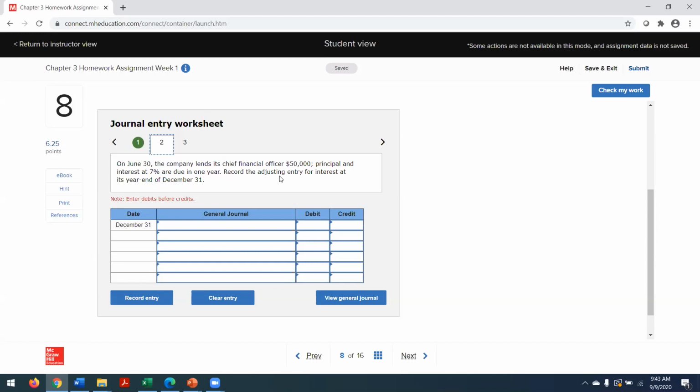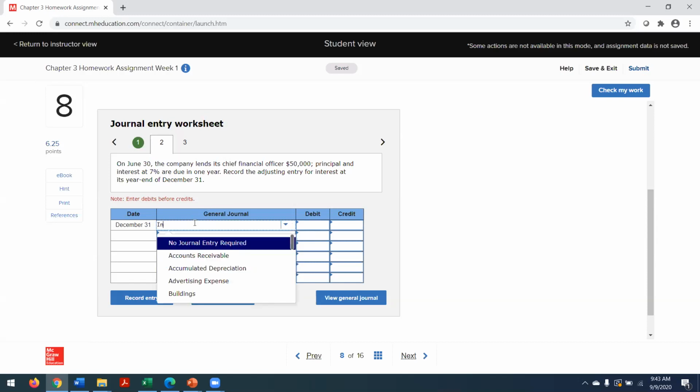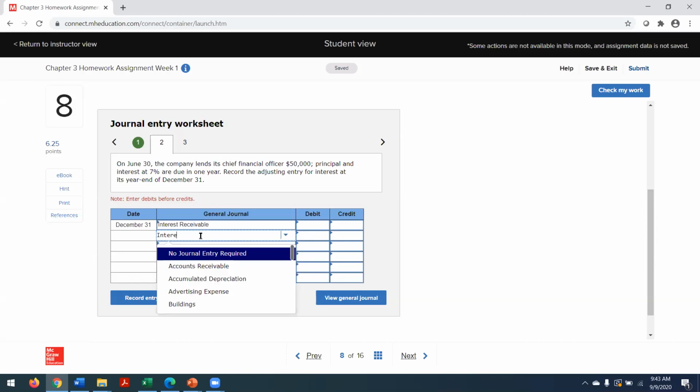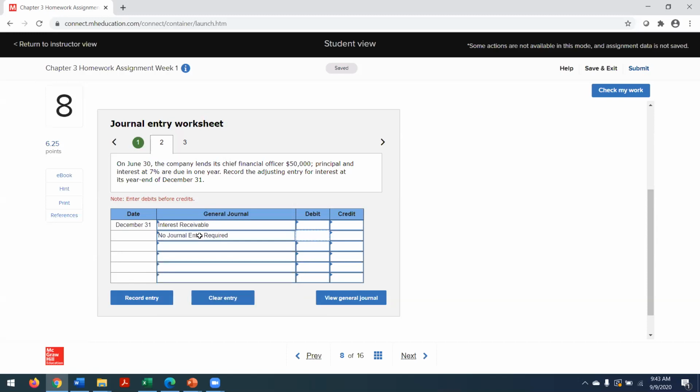This is money we are lending to someone. So in this case, just so you know, this is going to be an interest receivable. We're going to receive this interest, and it is interest revenue.